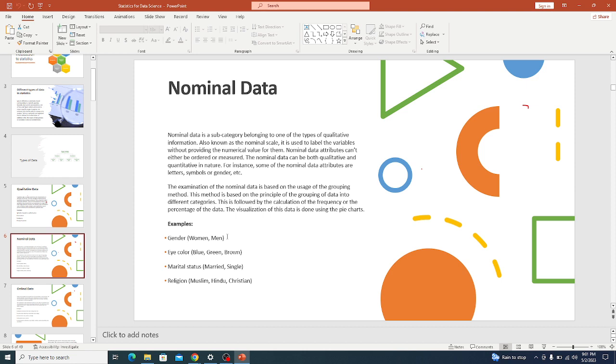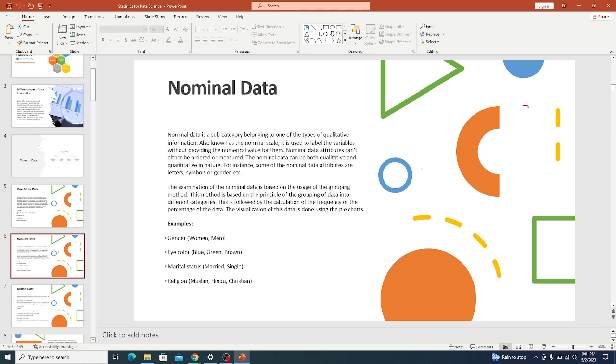I know you've come across such structured questionnaires. So under nominal data, you can't order. This is the major characteristic of nominal data: you cannot order and you cannot measure. Yes, nominal data can be both qualitative and quantitative in nature.